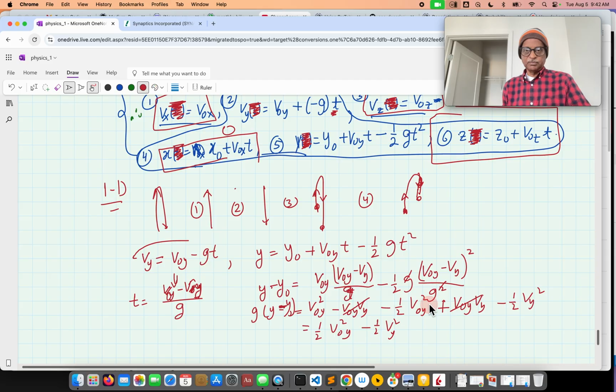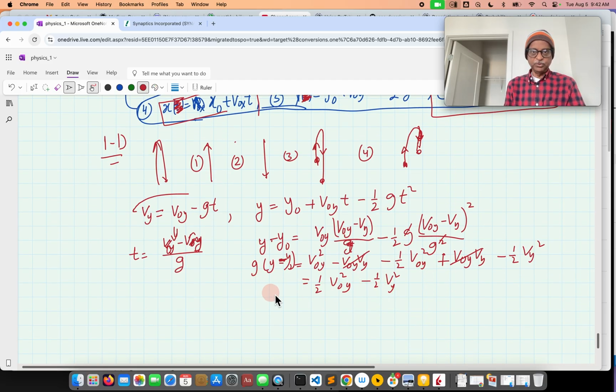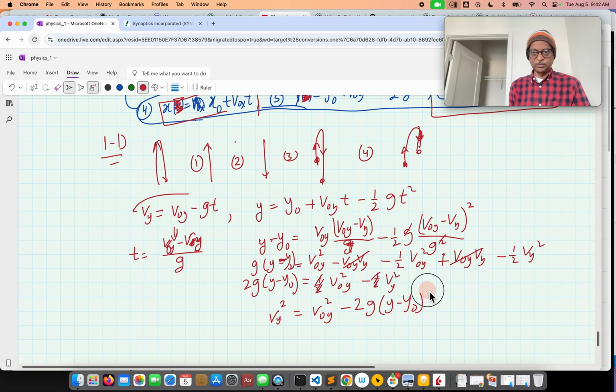So what you get, multiply by 2. So this makes 2 times g times y minus y0, and so you have this equation which has no t, so I call it the no t equation. Very good equation. Bring this guy on the other side, rearrange it. Vy squared equals V0y squared minus 2g times y minus y0.